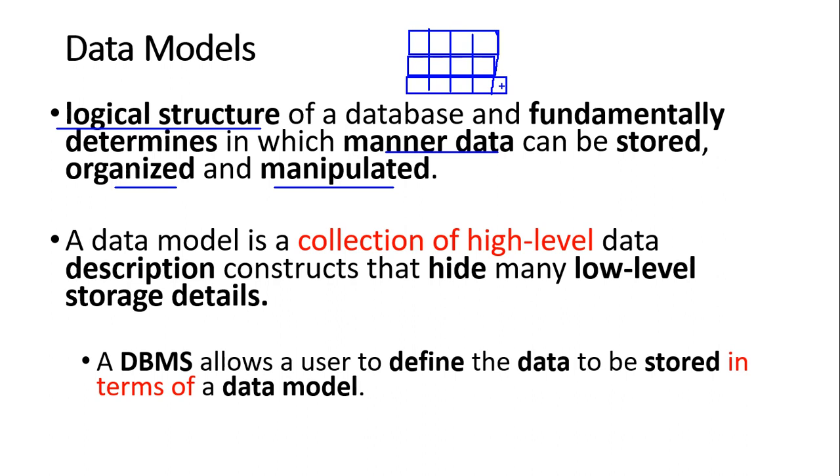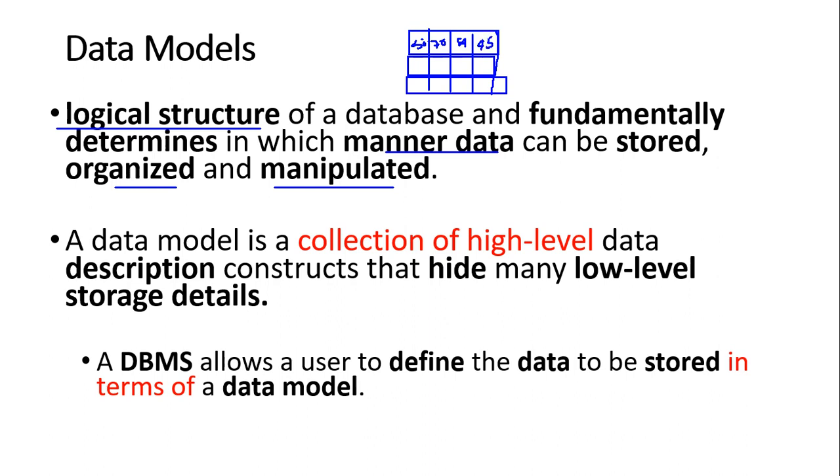So what is there in a data model? So data model is nothing but a collection of high level data description constructs, and it is used to hide the low level details. What do I mean by saying that is, if I say that I have stored the student marks like 50, 70, and maybe 81, I have stored some student marks here.